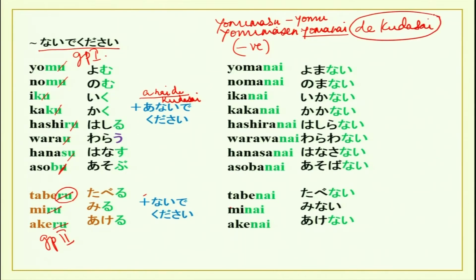Whichever you want, you can learn and use. Whichever is easy, you can do. I am giving you both. So, yomanai, nomanai, ikanai, kakanai, and just put de kudasai. Nai is already here and you can put de kudasai. So, it makes a negative. So, you can do it either this way or this way, whichever is convenient.